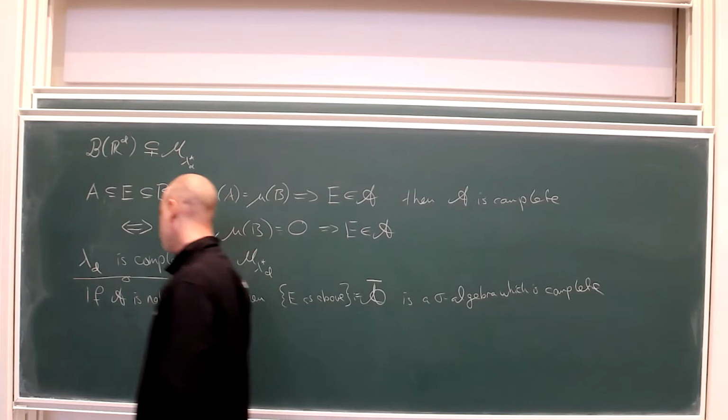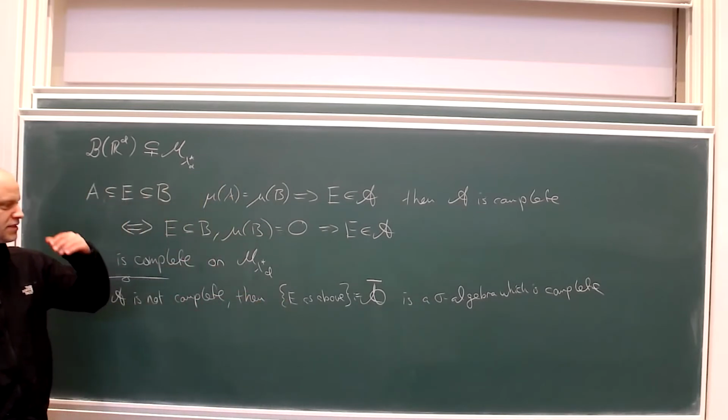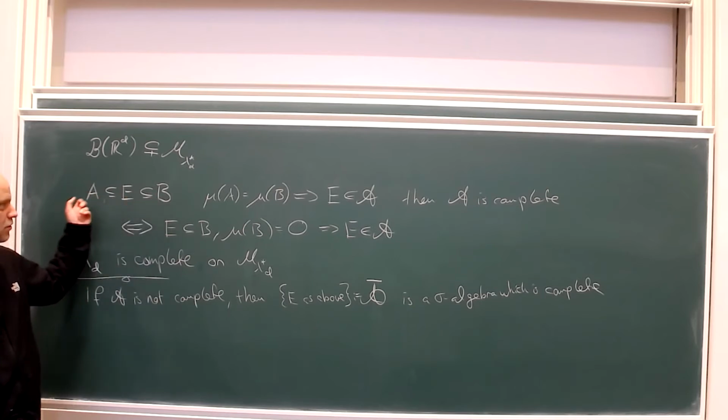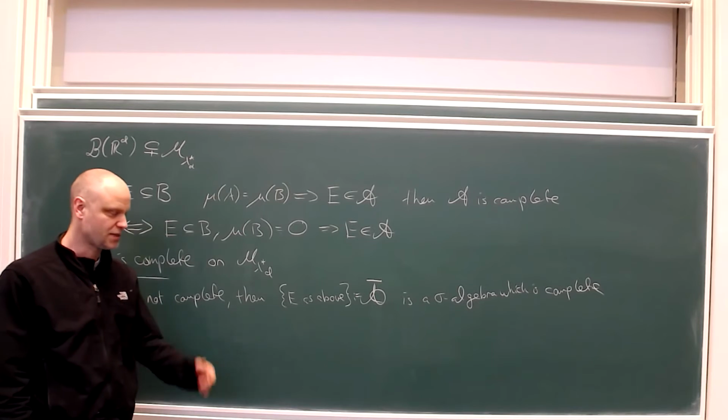This is something which is easy to check. If A is not complete, then you just take the set of all sets E locked in between sets of the same measure like this, and you see that that's a sigma algebra.